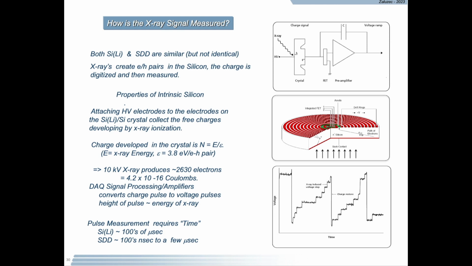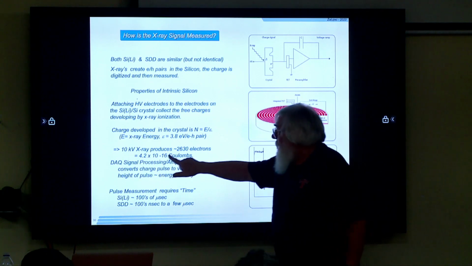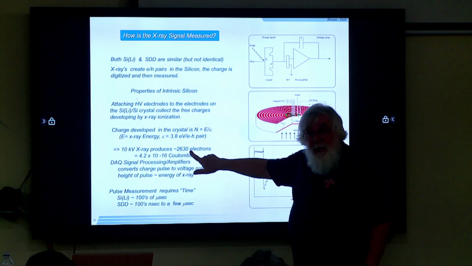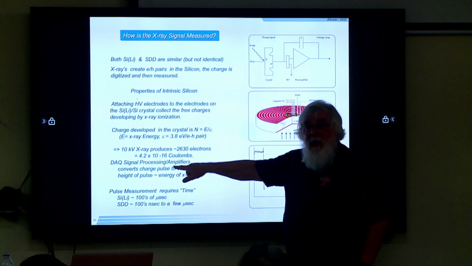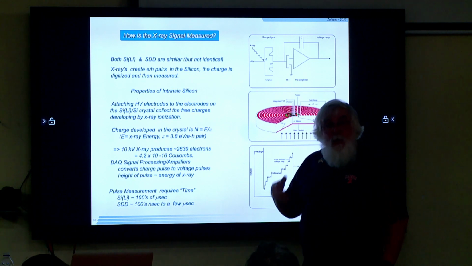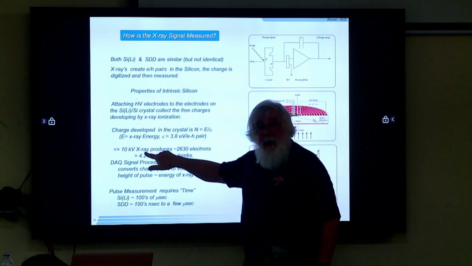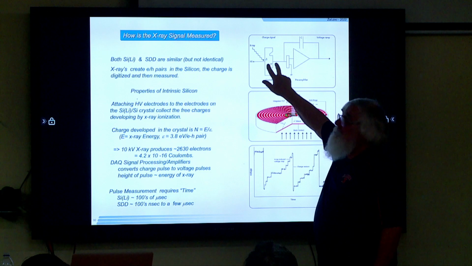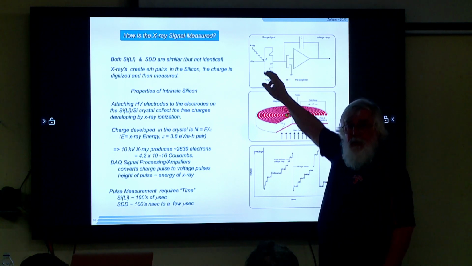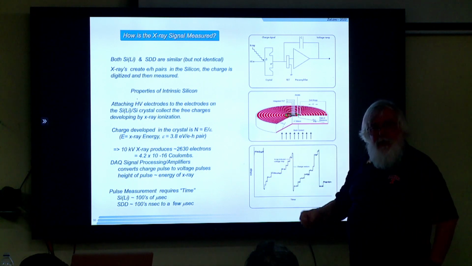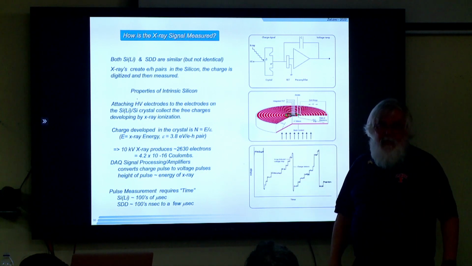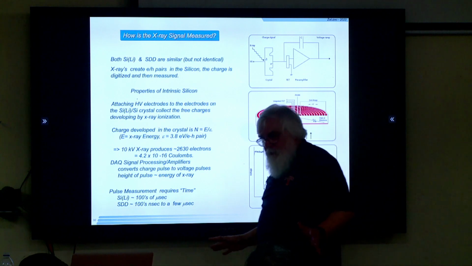So if you have a 10 keV X-ray, it'll generate 2,630 electrons, or 4 times 10 to the minus 16 coulombs. Very specific. So what do we want to know? How do I know the energy of my X-ray? All I have to do is measure the charge that's built up here. The X-ray comes in and creates so many electron hole pairs. I measure the charge and I know what the energy of the X-ray is. That's how the detectors work.